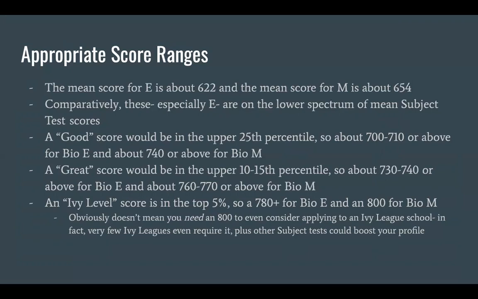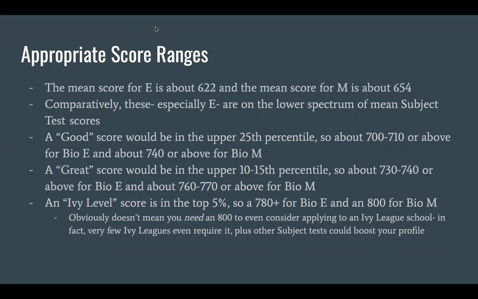So the mean score for ecology is going to be 622. And the mean score for molecular is going to be 654. So comparatively, when you compare the two, these, especially E, are on the lower spectrum of mean subject test scores. Between all of the subject test scores, these are kind of on the lower side.